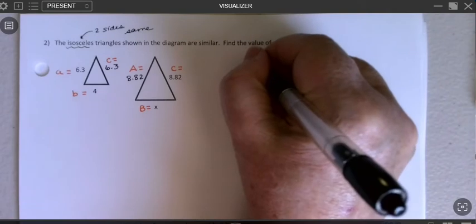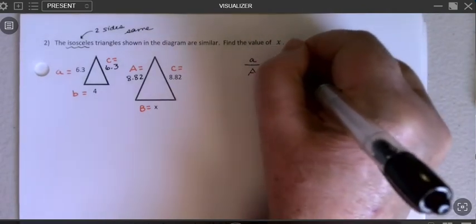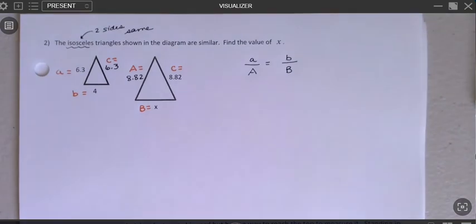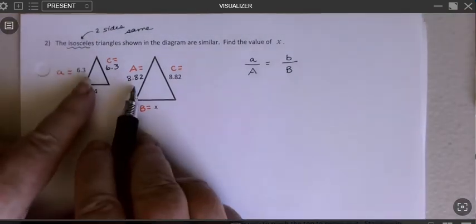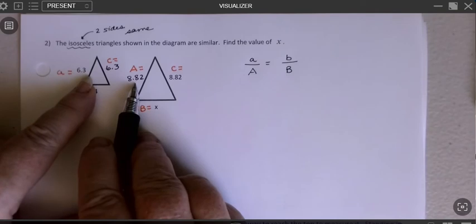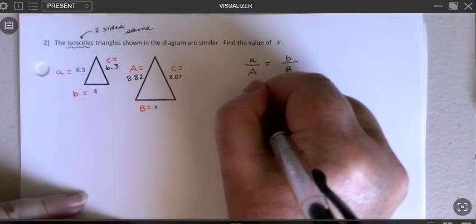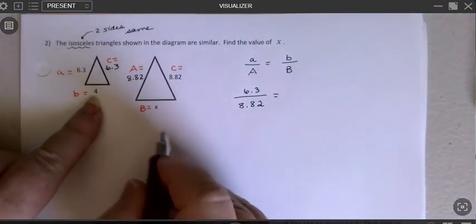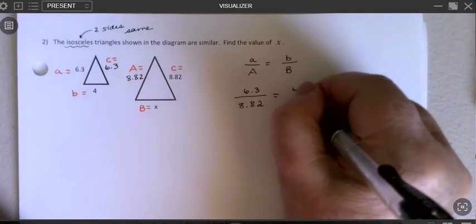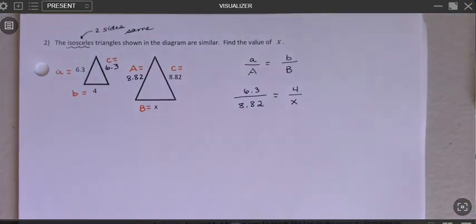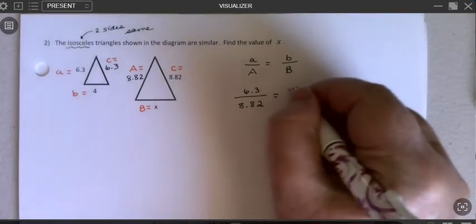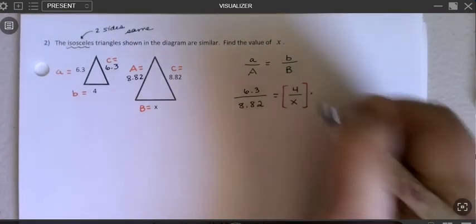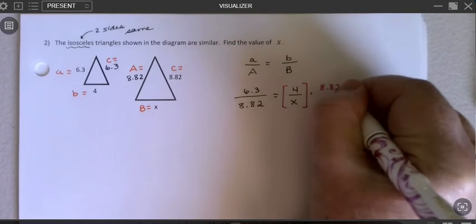So I'm going to set this up as A over A equals B over B. That would be 6.3 over 8.82 equals 4 over x. All right, I've got my proportions set up. So I'm going to clear the fractions. I'm going to multiply both sides by the common denominator, which would be 8.82x.